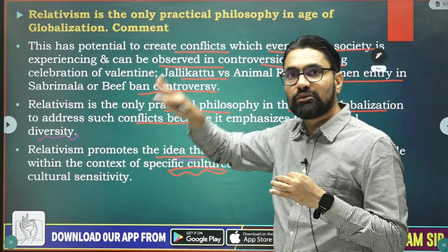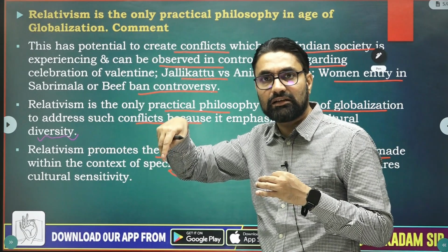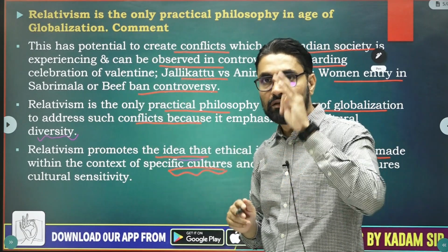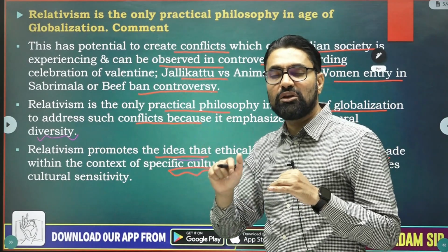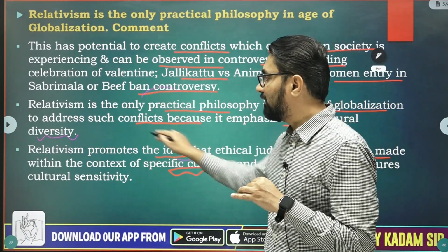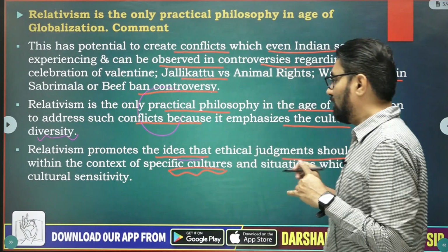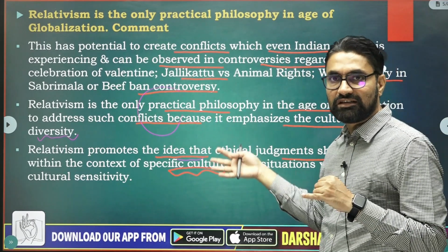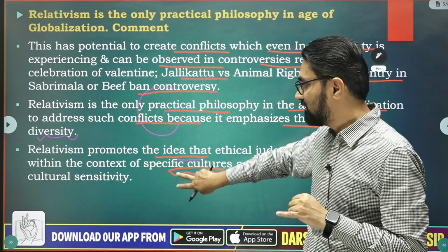Then even India is experiencing conflicts due to globalization. Third point we discussed: why relativism will be suitable, because it allows for moral flexibility, and it is more practical. And it allows for cultural diversity and cultural sensitivity, that is also a point. So four points we discussed.